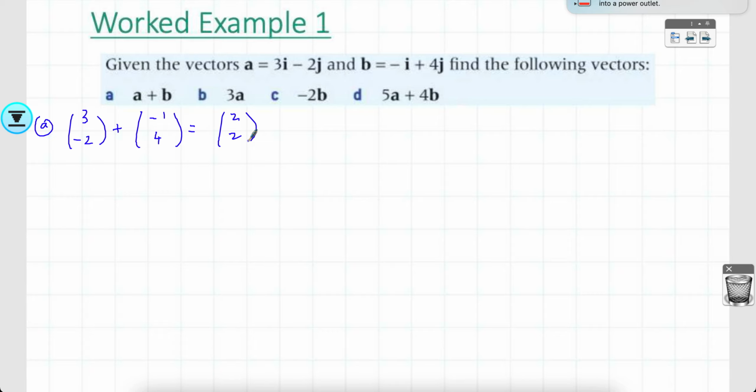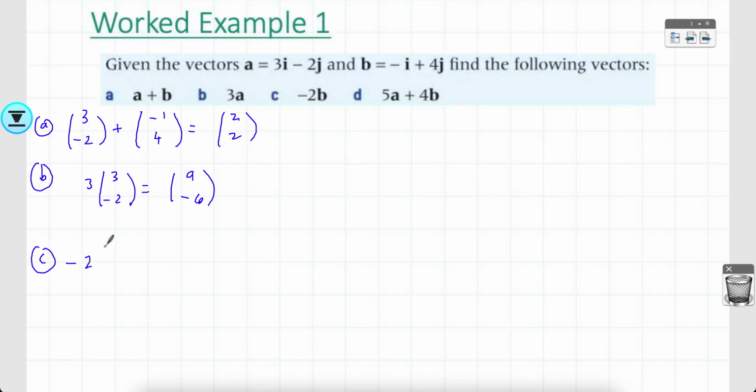And then for part B, you're multiplying by a scalar, so 3 and minus 2 gives you 9 and minus 6. For C, you're multiplying by a negative, so be careful with the signs. You end up with a 2 and minus 8.